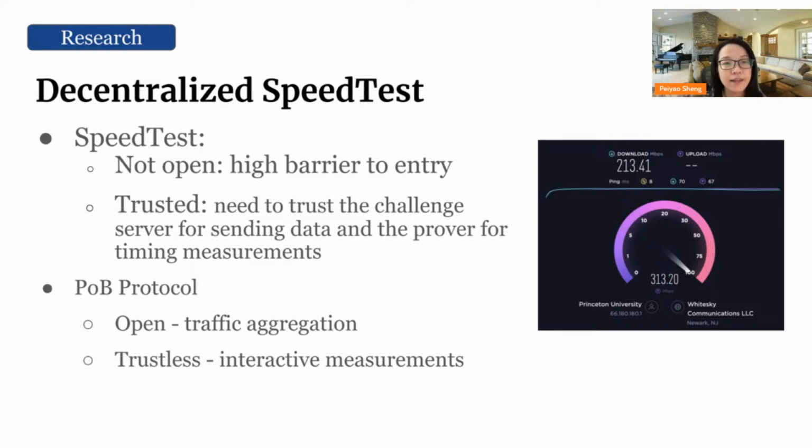This means it can tolerate those adversarial actions and also allow servers with limited resources to join the system as a challenger to help measure others' bandwidth. So these two properties are essential in those DePIN settings. And our protocol mainly uses these traffic aggregation techniques to lower bandwidth requirement for challengers and contains several interactions in the protocol to remove those single point trust.